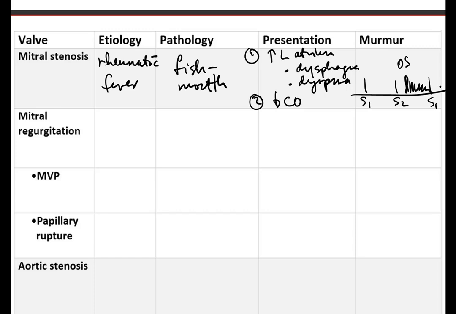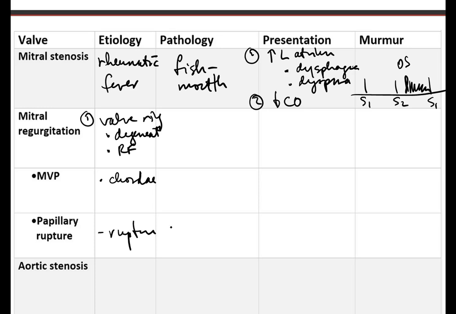Mitral regurgitation, you notice we have a number of entities. It can have abnormalities of the valve ring, and that can be things like degeneration, rheumatic fever. Very different than mitral valve prolapse, which apparently is an elongation of the chordae tendineae and papillary muscles. So we think of that as a different part of the ring, and then papillary muscle is just simple rupture, just like the name describes.